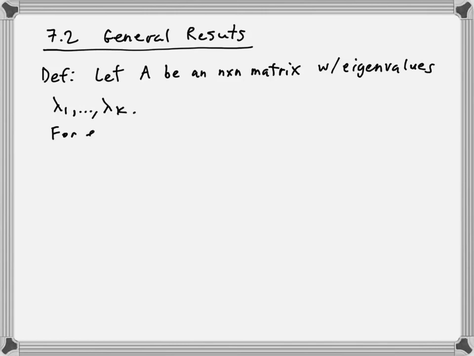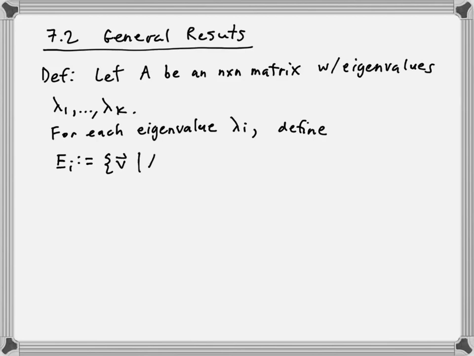For each eigenvalue, lambda i, we're going to define E_i as follows. E_i is defined to be the set of all v such that Av is equal to lambda i times v.